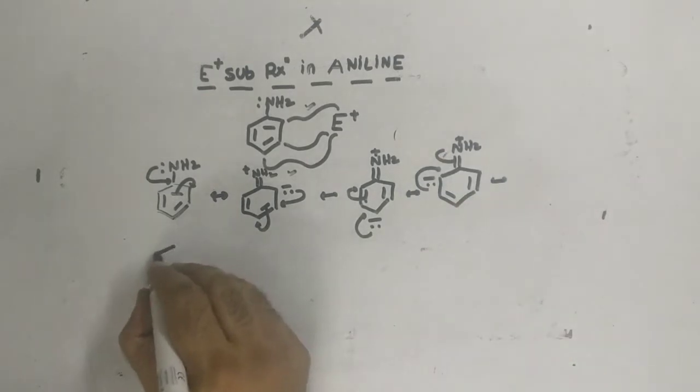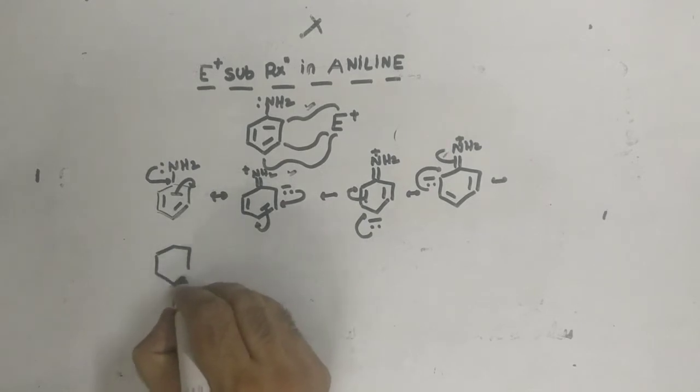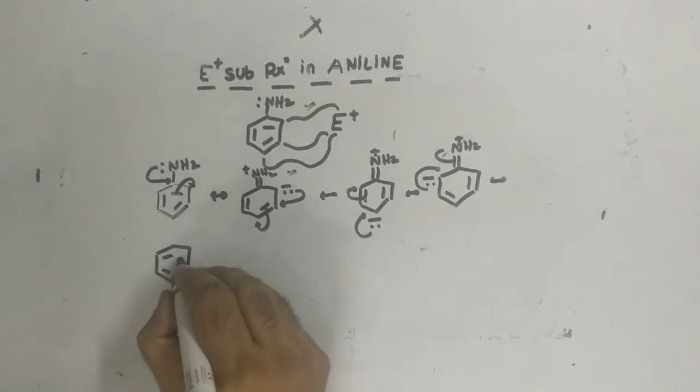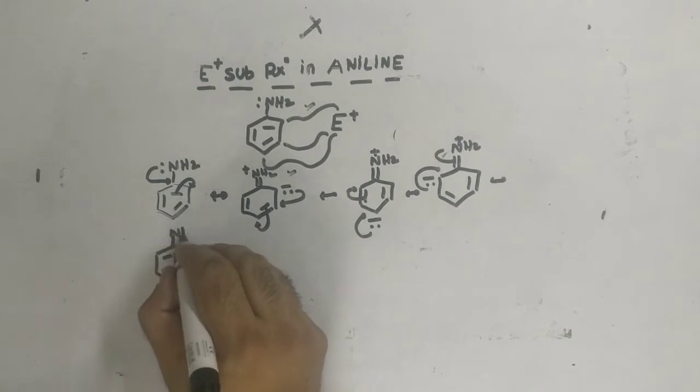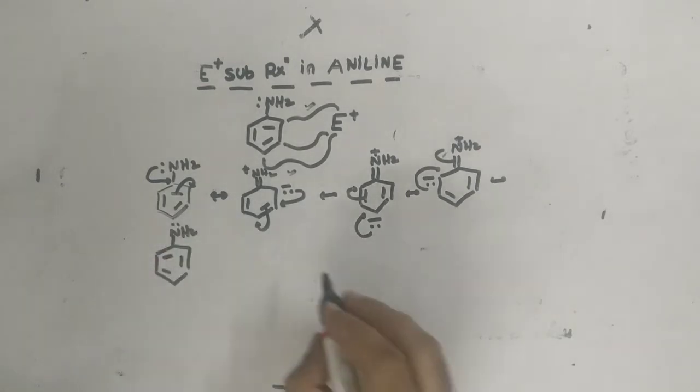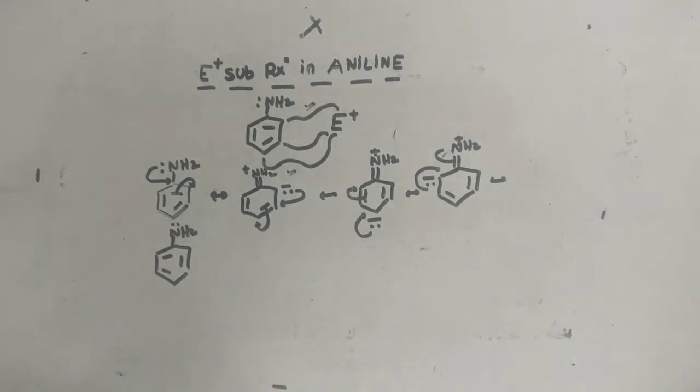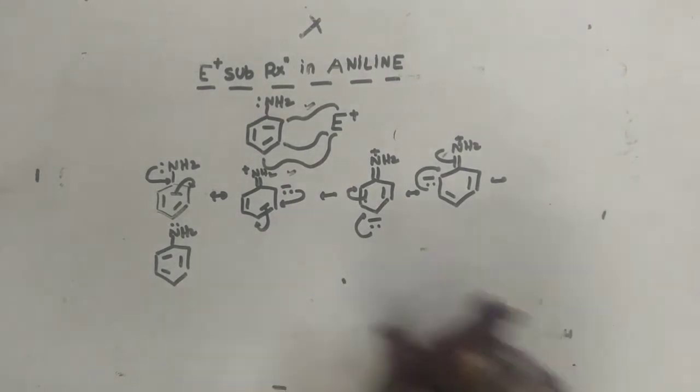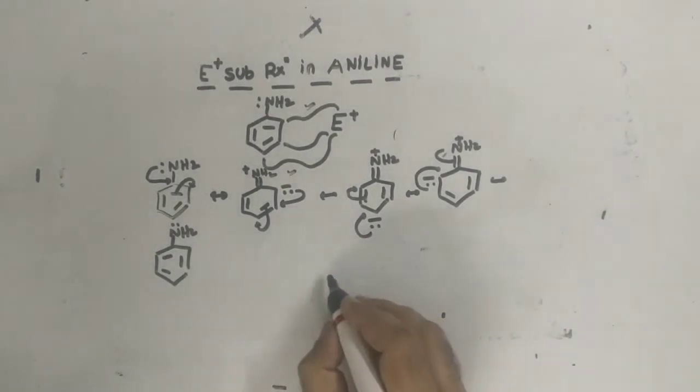So these are the five resonating structures that we have for aniline. If you take the average of all these structures, you will get the hybrid. This is the hybrid.